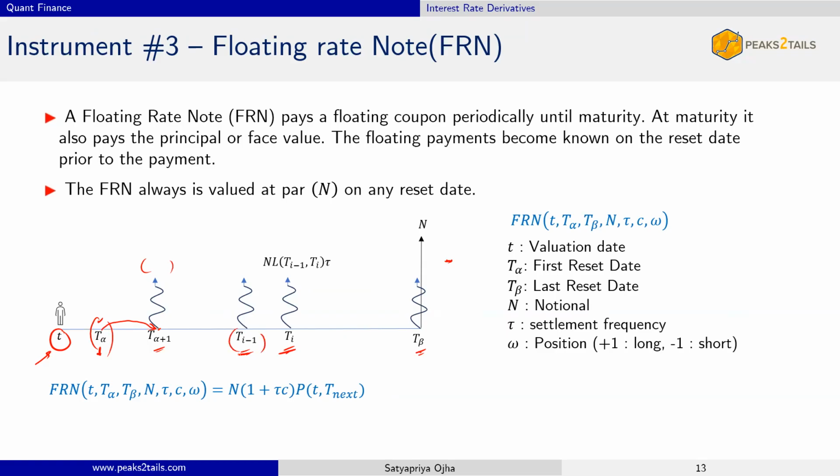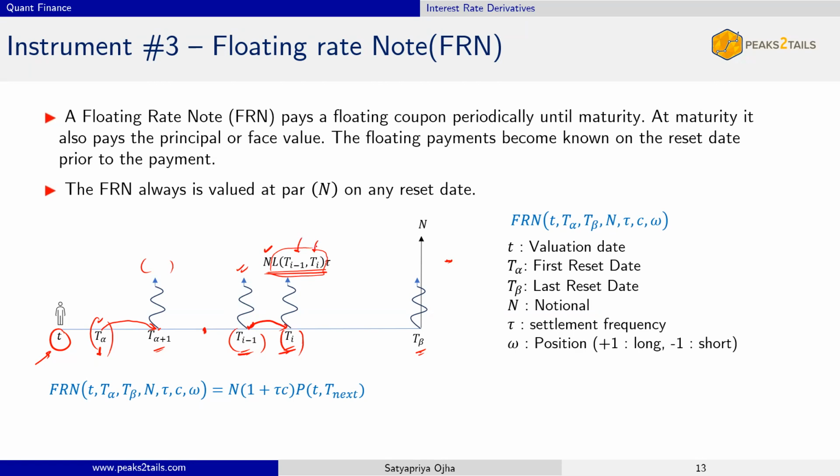Let's say there are two intermediate time points, Ti minus 1 and Ti. You also have some coupon payment at Ti minus 1, which would have been decided a period prior. But let's talk about Ti. The coupon payment that you will get at Ti is decided at Ti minus 1. It is the notional times the simply compounded floating rate, L from Ti minus 1 to Ti.